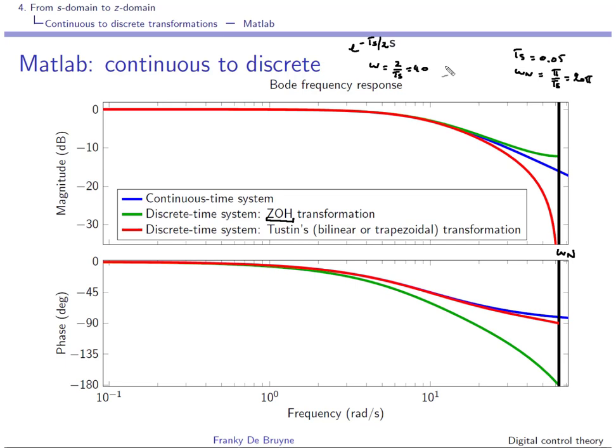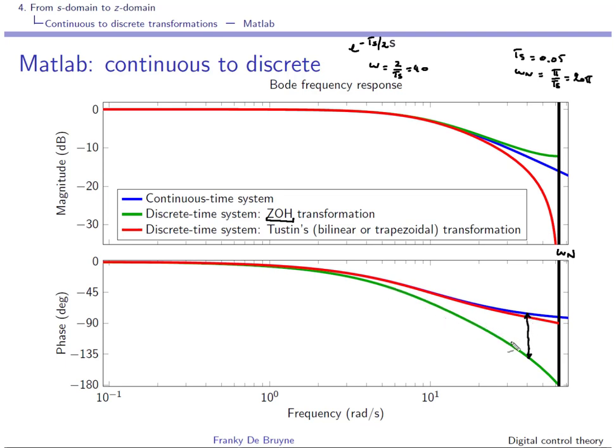Okay, so this corresponds to 57 degrees. So 10, 20, 30, 40. So over here, if we compare with respect to the original system, we see that this method indeed introduces approximately a phase shift of 57 degrees.